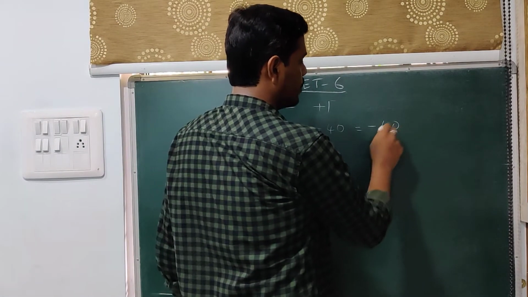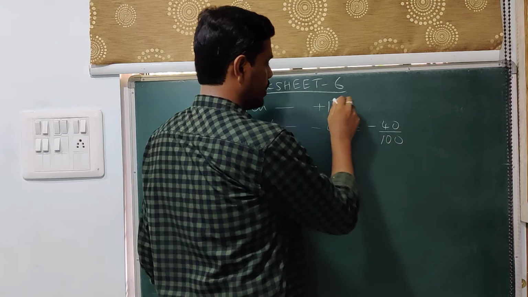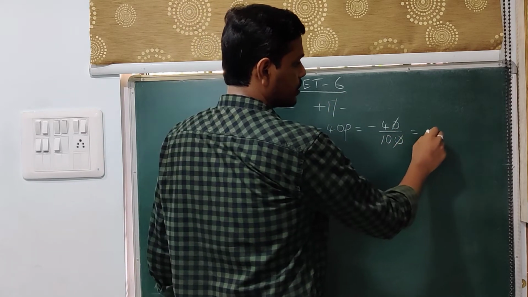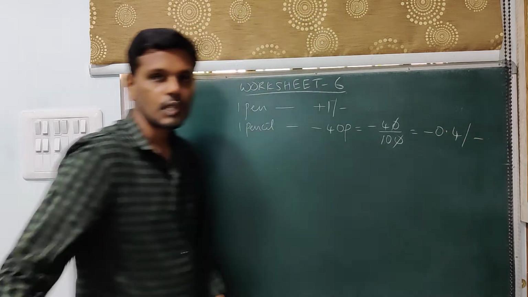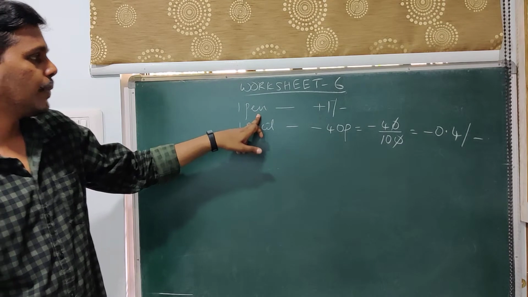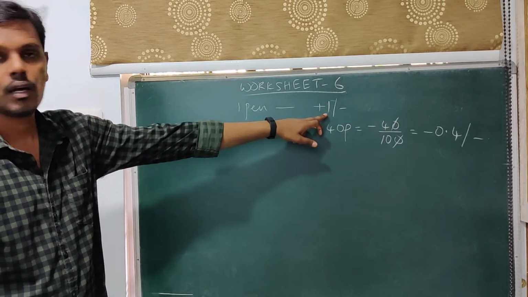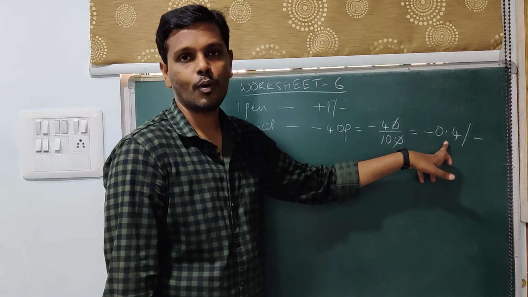So minus 40 by 100. This is paise and this is rupee, so the zeros get cancelled. This is minus 0.4. That is, on one pen, the shopkeeper is getting 1 rupee. On one pencil, he is getting minus 0.4.